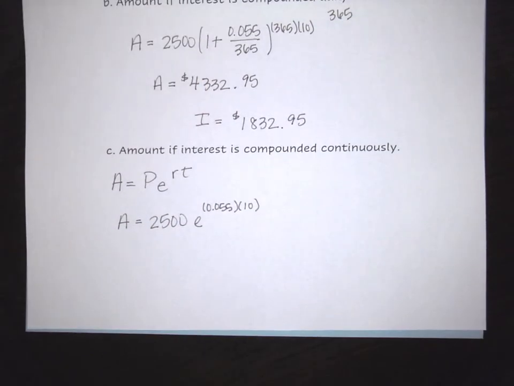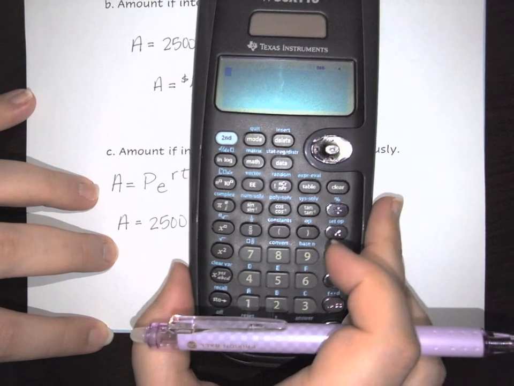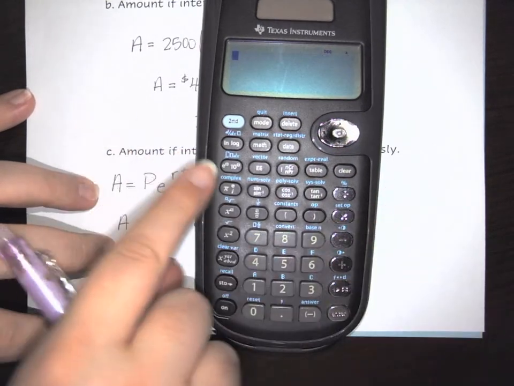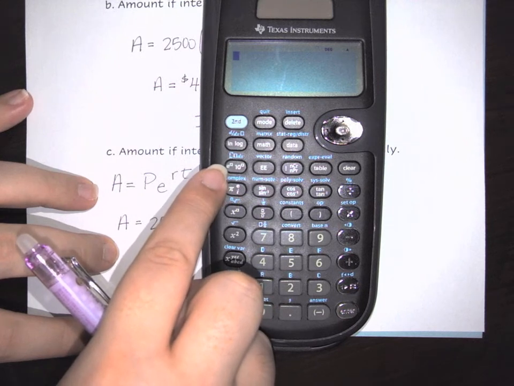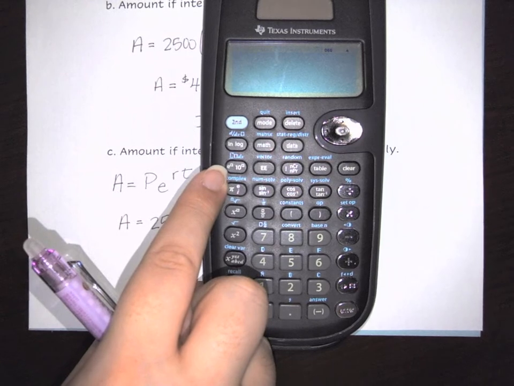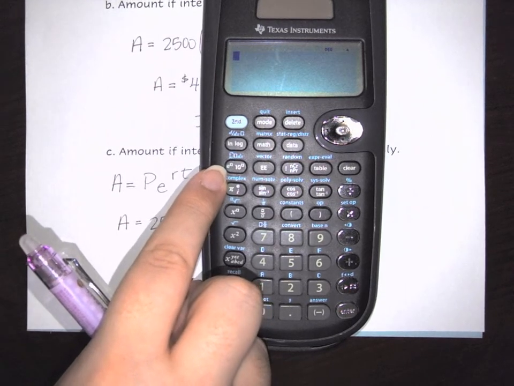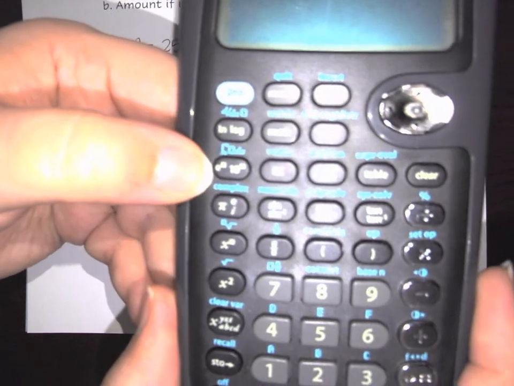Now e is a different function. So when we're looking on our calculator, like this one, notice right here we have this e to the box button. I don't know if you can see that.